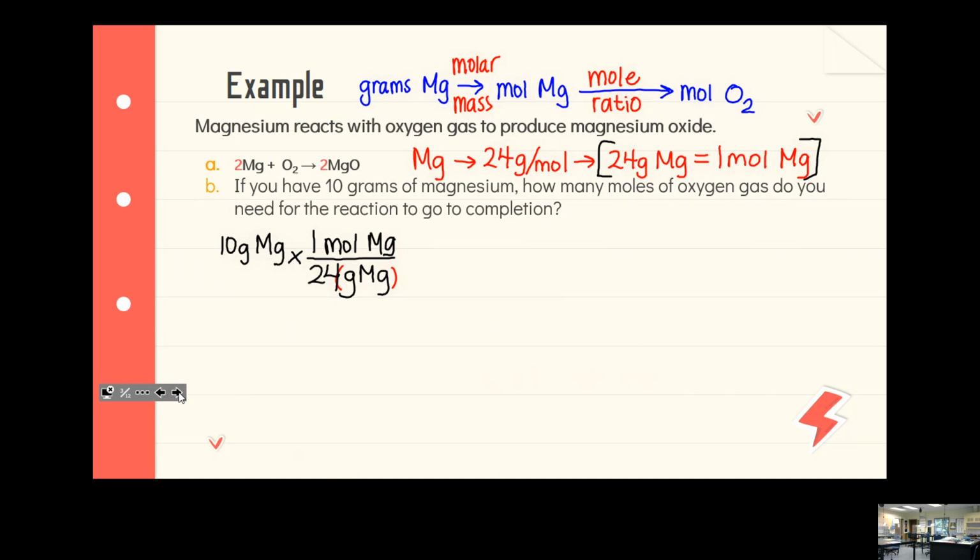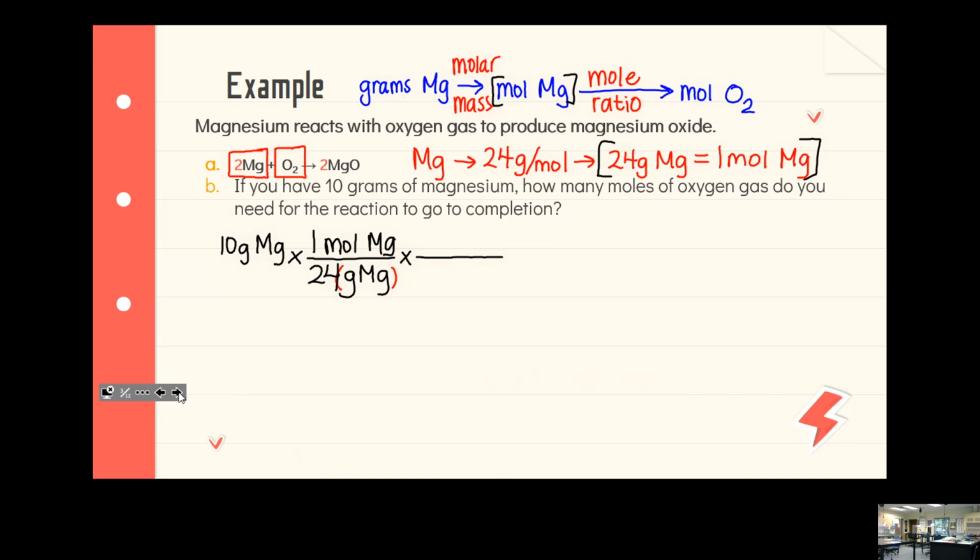Okay, so now in my process, I'm here. Now I want to get into moles of oxygen. So I'm going to set up another conversion factor. Okay, so I'm going to find my mole ratios. Remember, this comes straight from my balanced chemical equation. So I can see for every 2 of magnesium, I'm going to need 1 mole of oxygen.